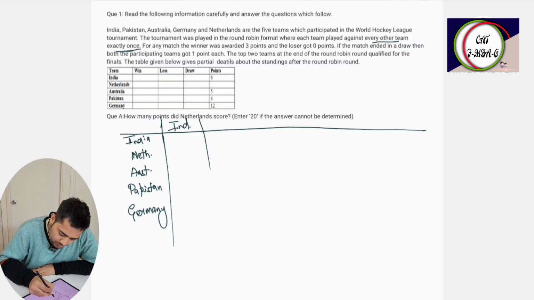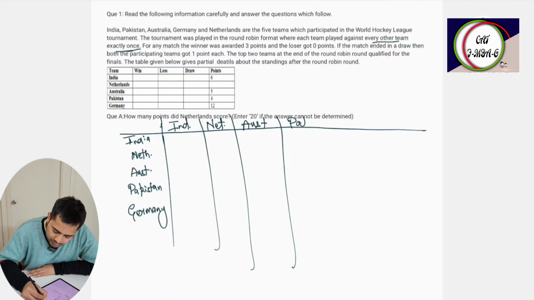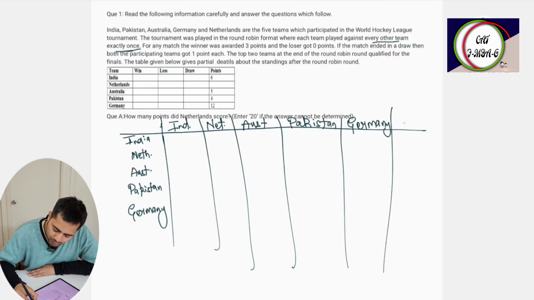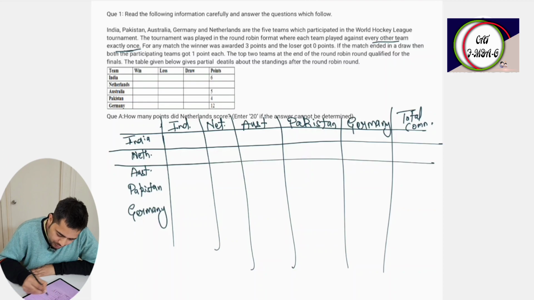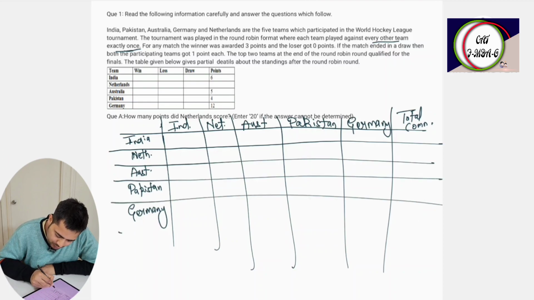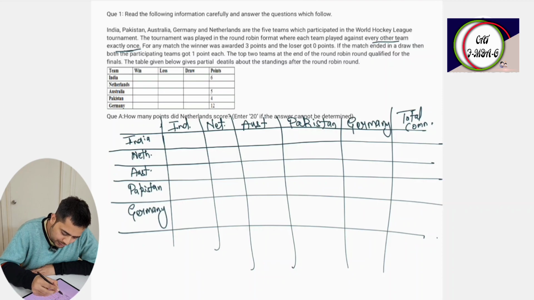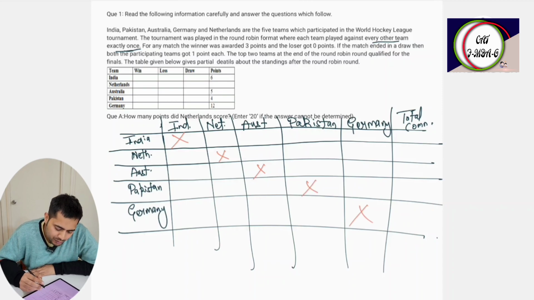India, Netherlands, Australia, Pakistan, Germany. Now you can write here total or any comment, whatever you want to write. Obviously, India will not play against India. Netherlands will not play against Netherlands. Australia, Australia. Pakistan, Pakistan. Germany, Germany. So I put a cross here.